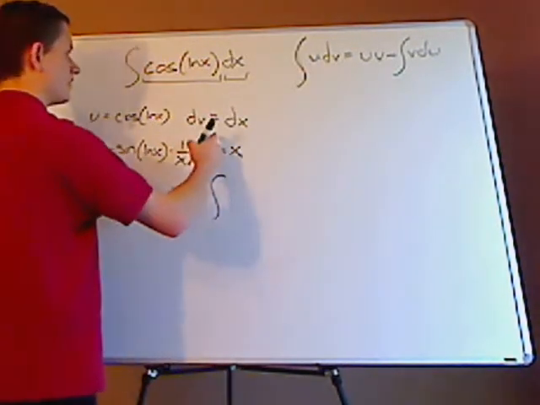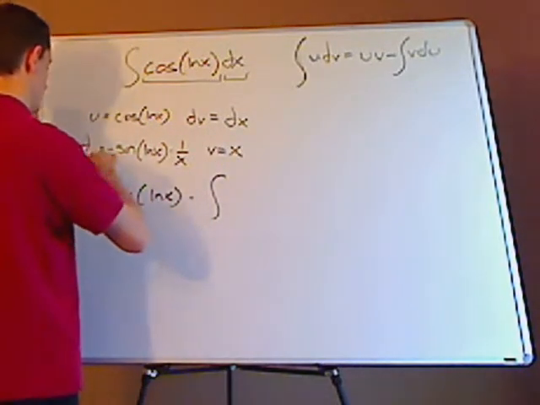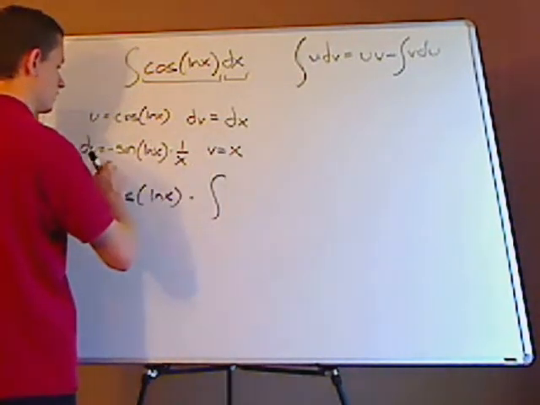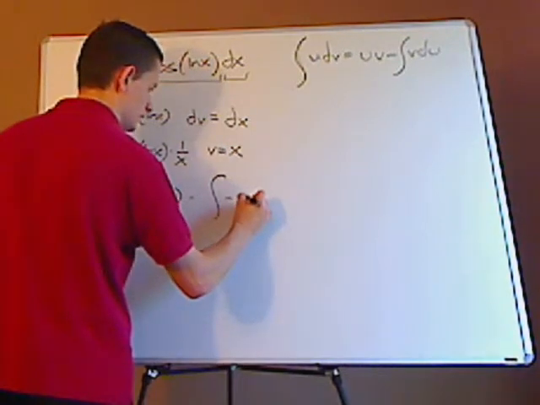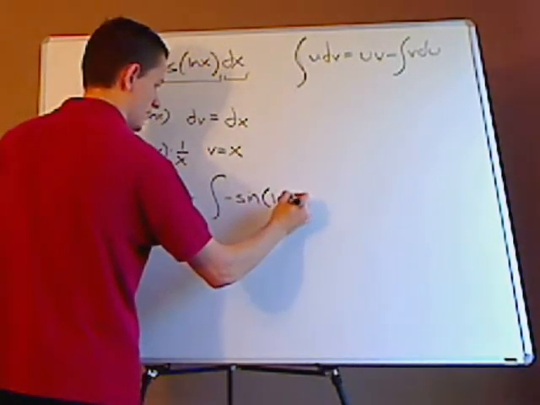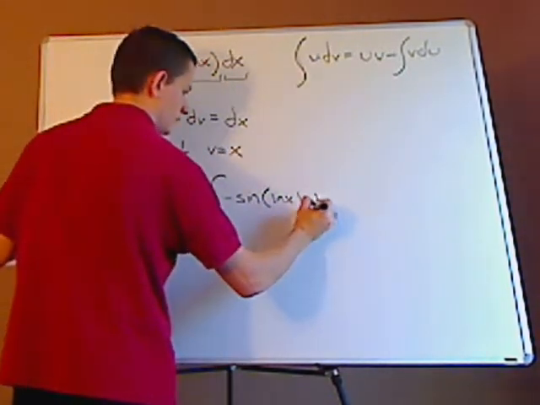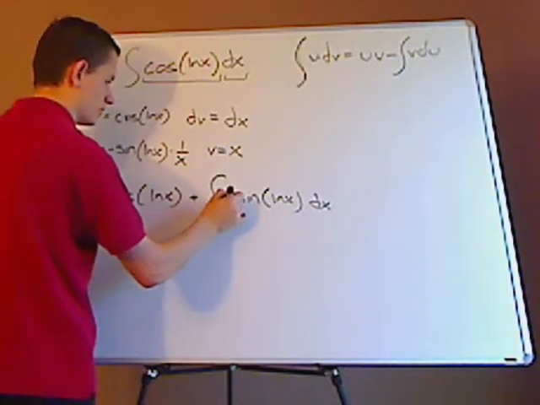You have du times v. When you multiply these two, you get sine ln x. These x's cancel out, dx. Now I have a double negative there, so I'm going to make it a plus.